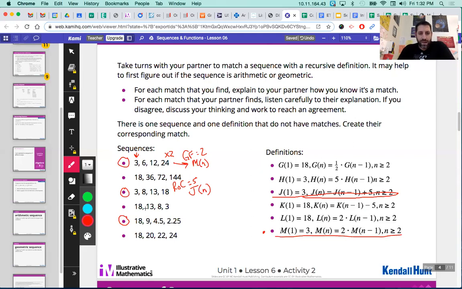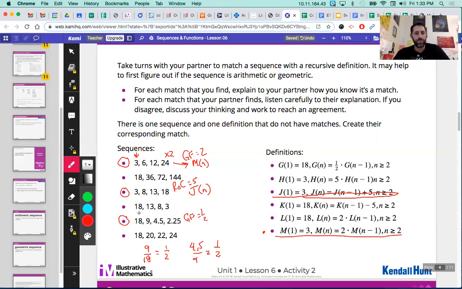All right, our last one here, 18, 9, 4.5, 2.25. This isn't subtracting the same amount each time, but if you want to know what the growth factor is, take the second term over the first term and reduce. And if you want to double check and make sure it's consistent, take the third term over the second term and reduce. That's also going to be 1/2. This has a growth factor of 1/2.